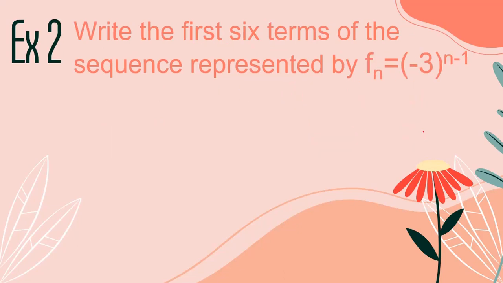I'm going to write the first 6 terms of the sequence represented by f sub n equals negative 3 to the n minus 1. So I'm going to plug in some numbers for n. Again, first 6 terms is 1, 2, 3, 4, 5, 6 is n. So negative 3 to the 0 power is 1, because anything to the 0 power is 1, right? Negative 3 to the first is negative 3.